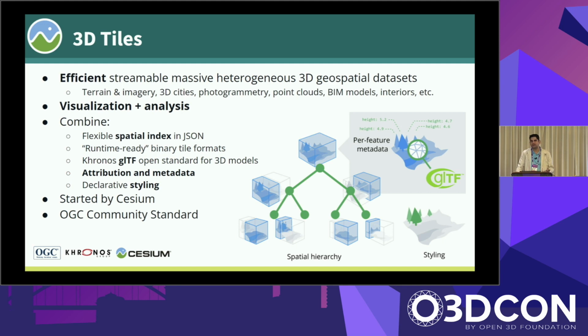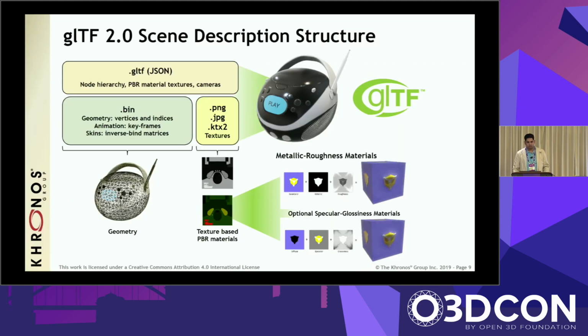So 3D Tiles really has three main parts. It's the spatial index that defines the hierarchical level of detail. It's the 3D payload, that's glTF, and the analysis that comes with that, and the metadata. At the heart of 3D Tiles, the 3D payload is all done as glTF.